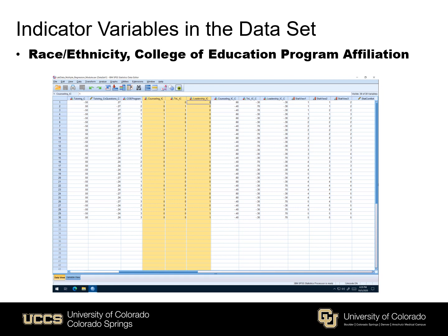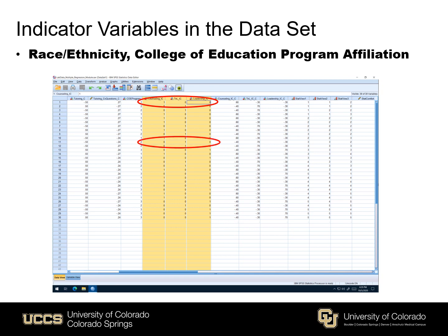In our practice data set, we have 2 sets of these indicator variable schemes. One set corresponds to race and ethnicity, and another corresponds to a student's College of Education program affiliation. Looking at the variables here, we can see that each student has an indicator code for whether they're in counseling, teaching and learning, or leadership as programs within the College of Education.